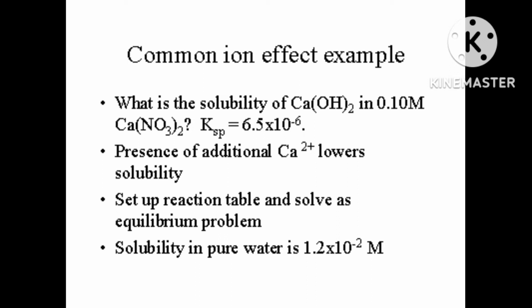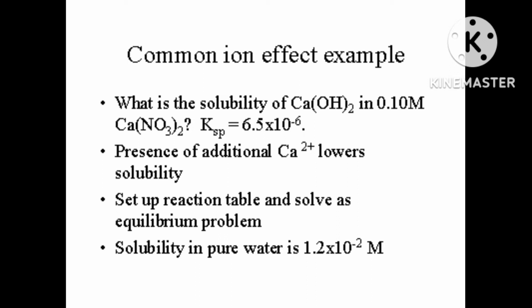A2X3 means in water it will give 2 cations, that is 2A plus, and 3 anions. A2X3 means 3X it will give and 2A it will give. A is the cation, X is the anion, with negative charge. Here you should also understand how you come to know the charge on the cation and anion.